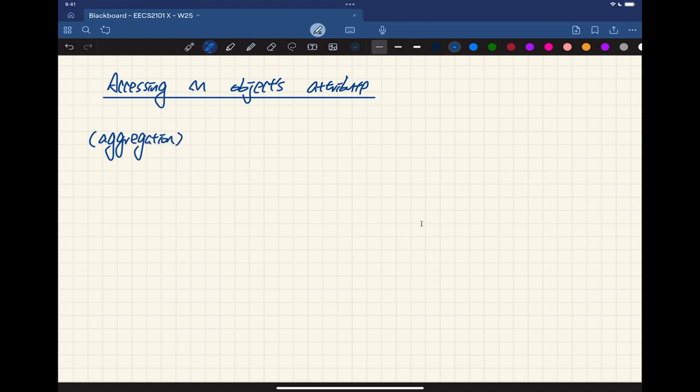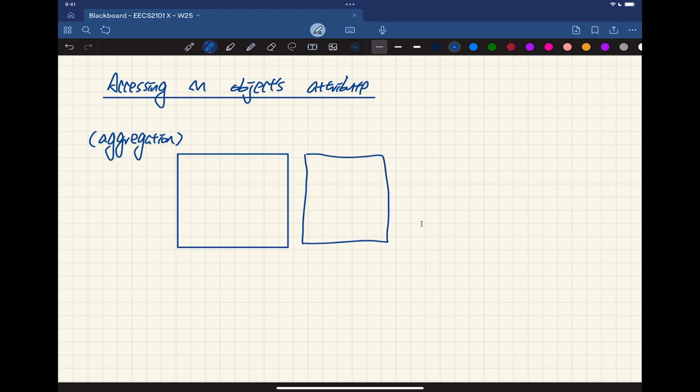So somehow we can use the dot notation to navigate between the classes. Let's say we have three classes over here: class number 1, class number 2, and class number 3.